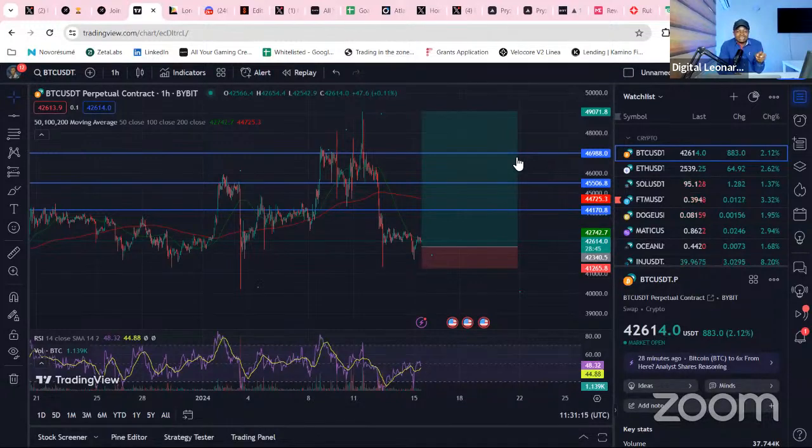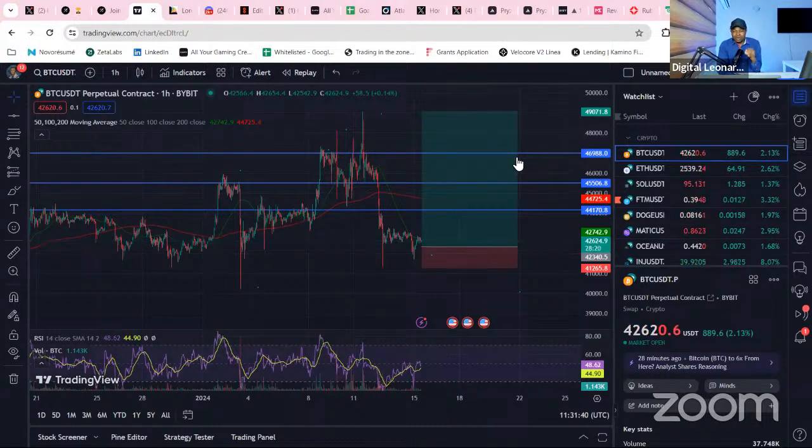When you see a signal that says long, you are free to buy that token on spot and use the same take profit target levels. So if it gets to target one, you can sell 25% of your token. If it gets to target two, you can sell another 25%. It gets to target three, you just continue that way.